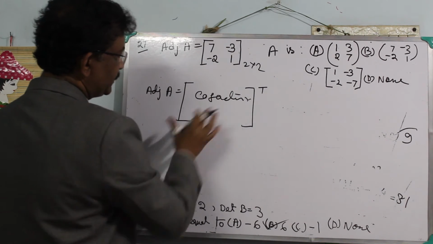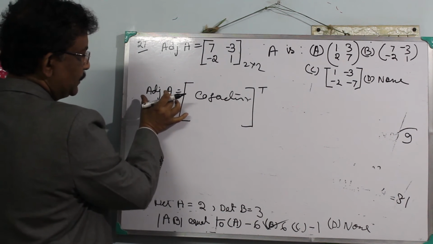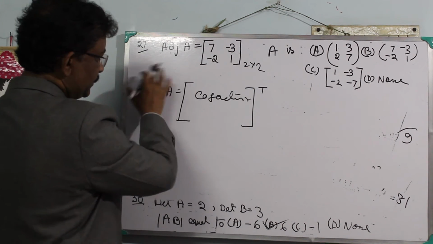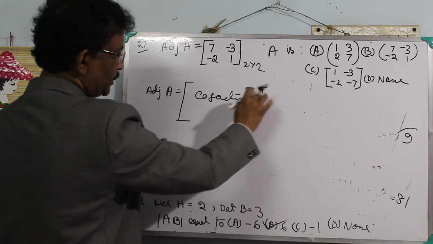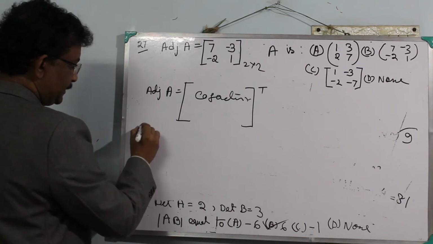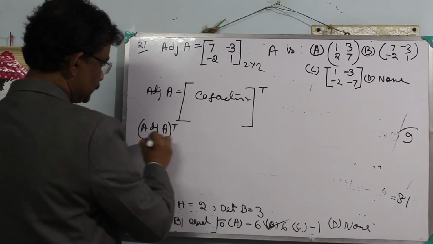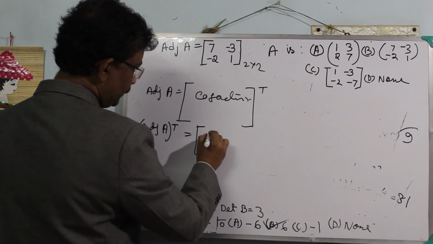So how will the cofactor matrix look? The cofactor matrix is the transpose of adjoint A, because if I take the transpose on both sides, the transpose of the transpose is the matrix itself. So I can say adjoint A transpose is equal to the matrix of cofactors.